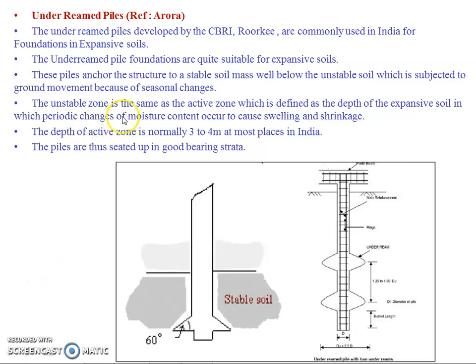The unstable zone is the same as the active zone, which is defined as the depth of expansive soil in which periodic changes of moisture content occur to cause swelling and shrinkage. The depth of the active zone is normally 3 to 4 meters at most places in India. The piles are thus seated in a good bearing stratum. So whenever there is an active zone, the underream pile is suitable.